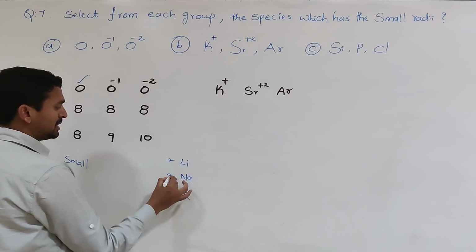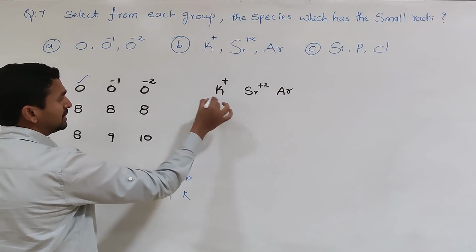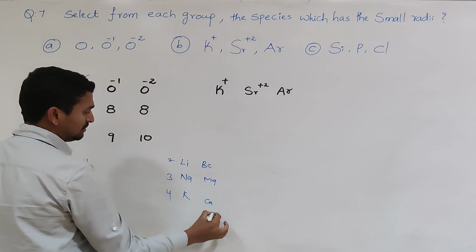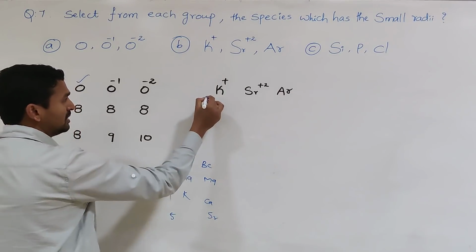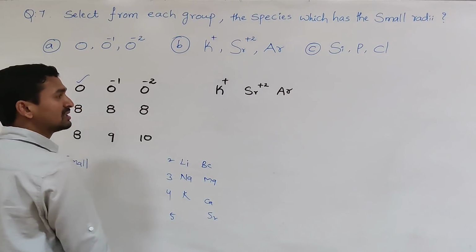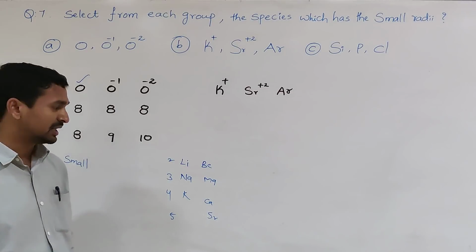Strontium: beryllium, magnesium, calcium, strontium, belongs to the fifth period. This is fourth and this is fifth. Definitely among these two, strontium is larger in size, potassium is smaller in size.